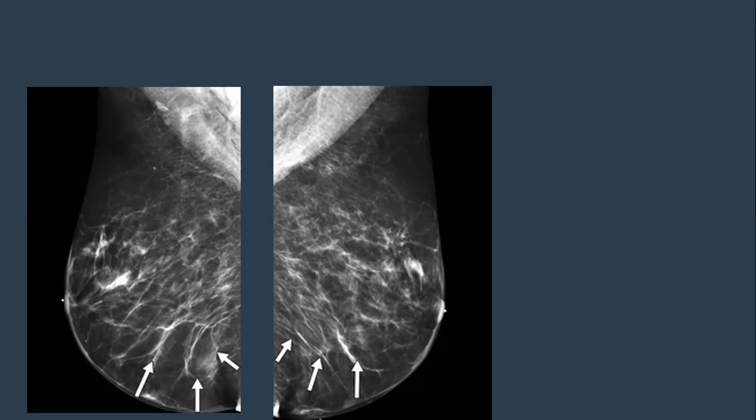And this, you see, is swirling architectural distortion characteristic of bilateral mammoplasty. The other thing is the bilaterality. How come the distortion is seen in both lower breasts from the nipple?